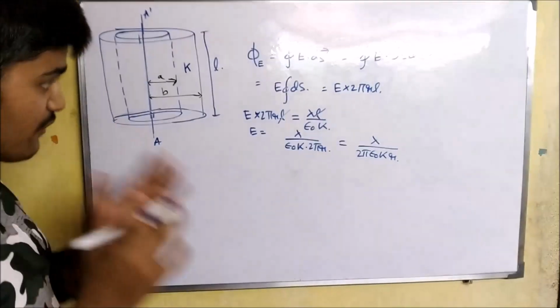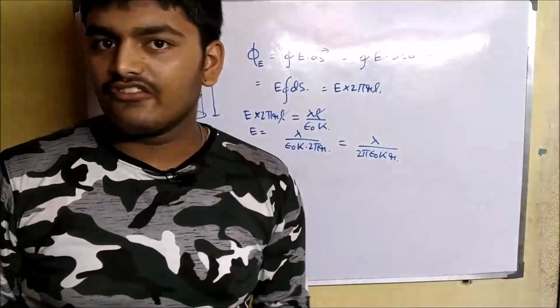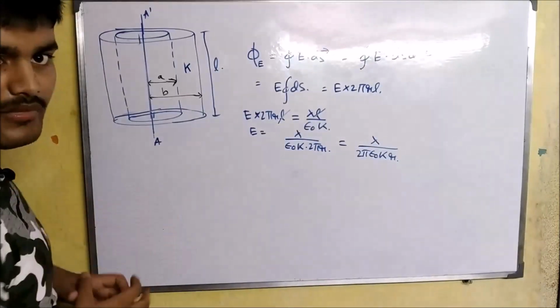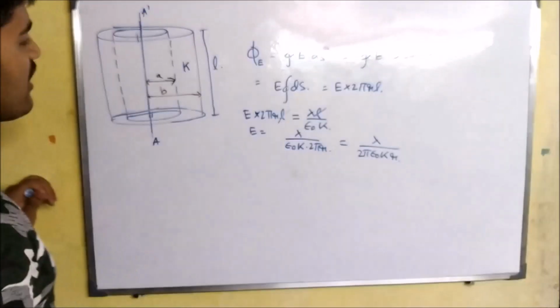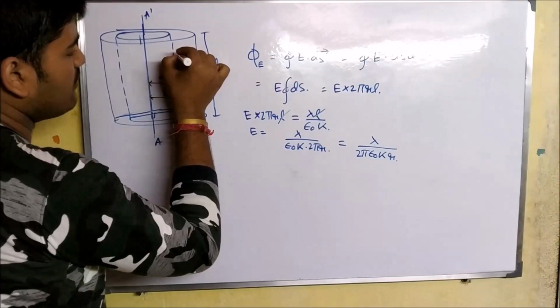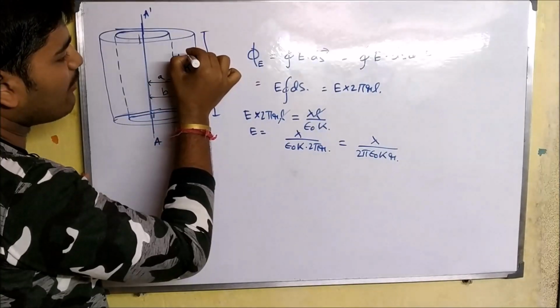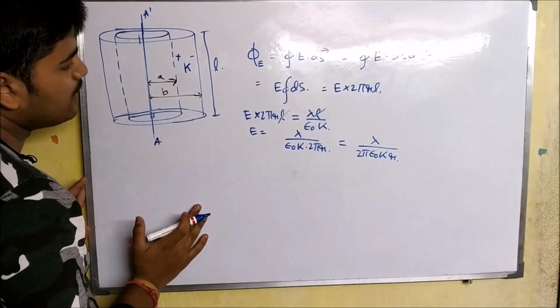Now if we give a unit positive test charge to this inner cylinder, what will happen? As this is a conductor, if we give a unit positive test charge over here, this charge will induce an equal amount of negative charge on the inner layer of this outer cylinder.